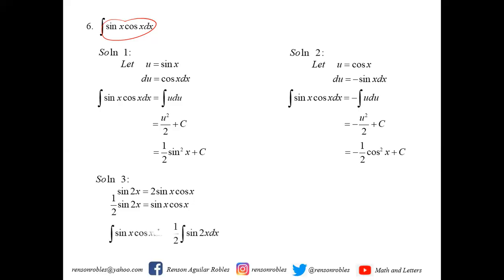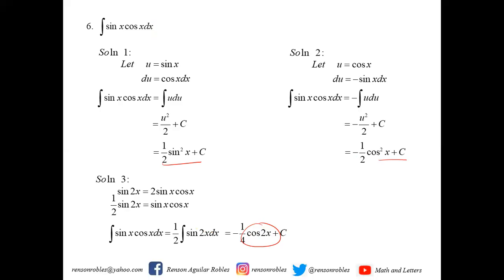Then we can now rewrite it in the form 1/2 integral of sine 2x dx, and you know that the integral of this is negative 1/2 cosine 2x. And finally, the integral would have been equal to negative 1/4 cosine of 2x plus c. And this can be shown equal to these two expressions by using the square identity. Cosine 2x is cosine squared x minus sine squared x.